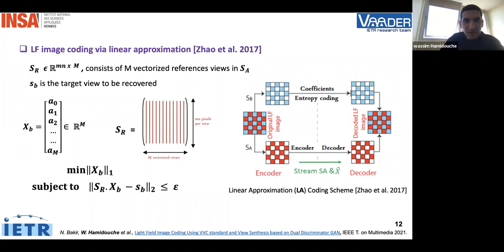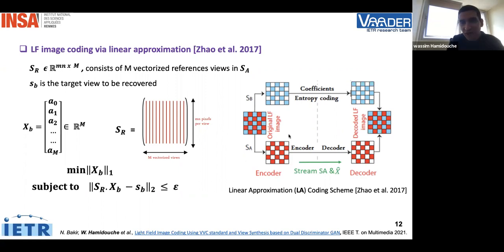The third solution combines 2D coding and also some linear prediction at the decoder side. The idea here, as you can see, is that we have the light field views, represented in two colors, red and blue. The red ones are called reference views.